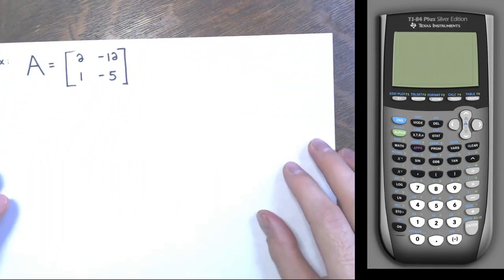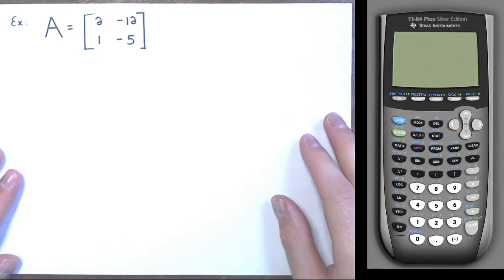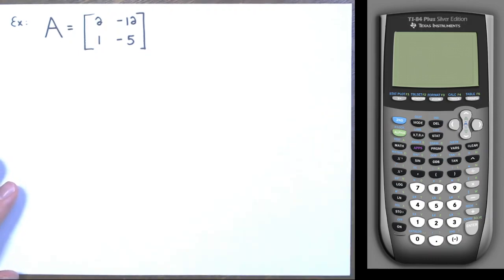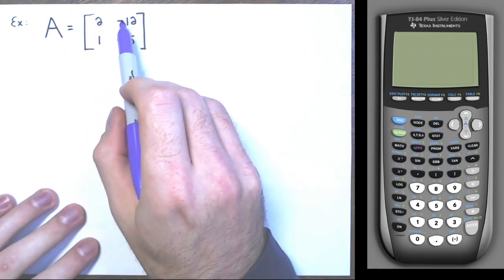But now let's get into some examples where I'm given a square matrix, called A, and I'll find first the eigenvalues. You've seen me do this before in previous videos, so this is just a nice refresher. But now I have these new words, eigenbasis and algebraic multiplicity and geometric multiplicity. So here's a 2 by 2 matrix with columns 2, 1, negative 12, negative 5.